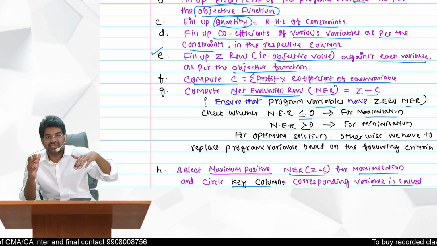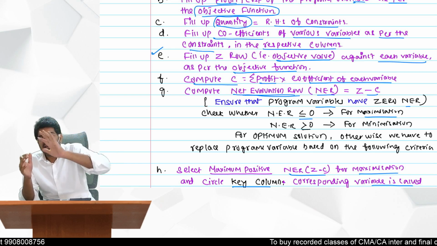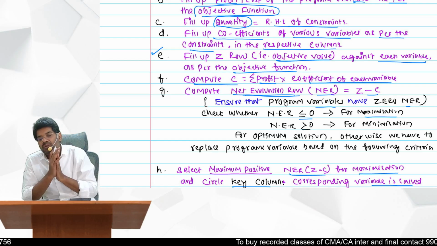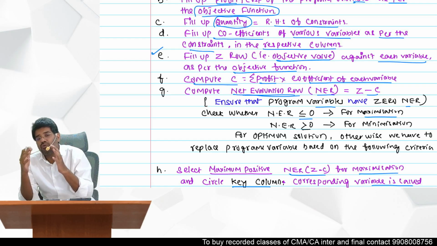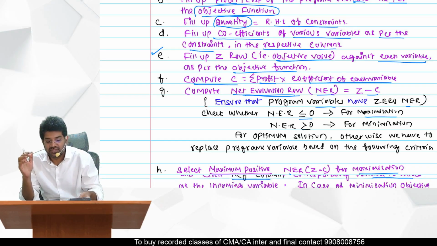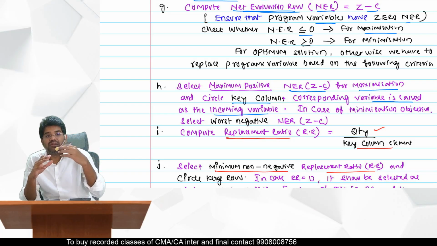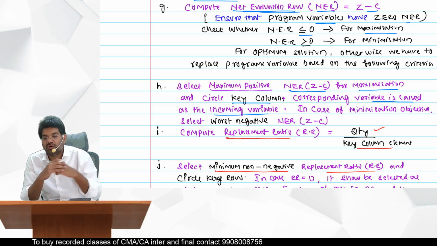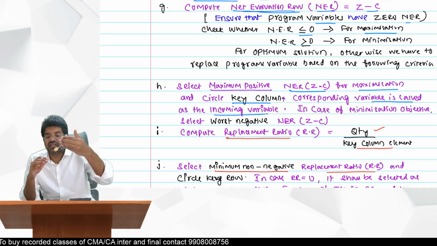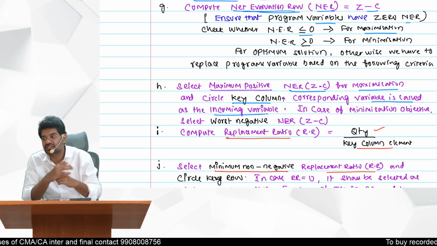For non-key rows, the previous values minus the fixed ratio multiplied by the corresponding key row element, then you will know the updated values for non-key rows. The purpose of doing this calculation is that we should get a unit matrix. Whatever variable we are introducing, for that we should get a unit matrix. That is the reason we are using these calculations.